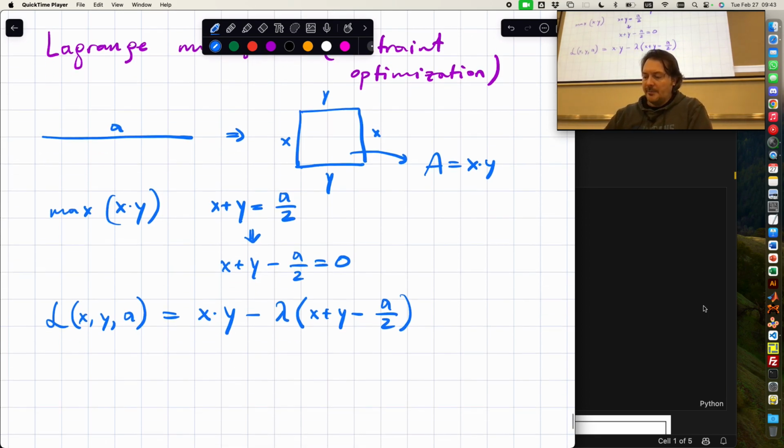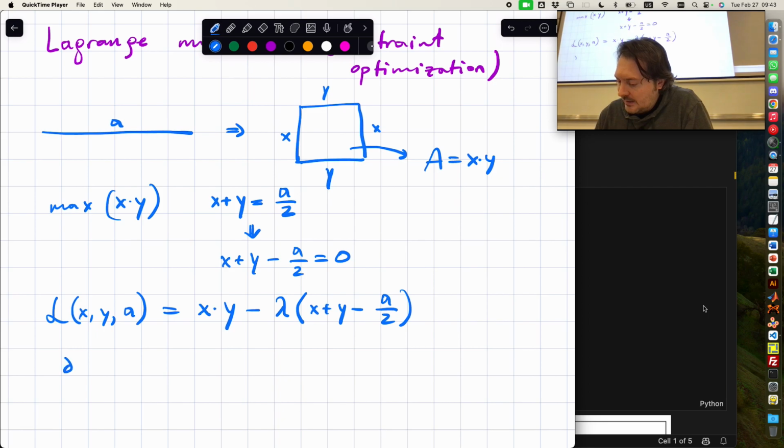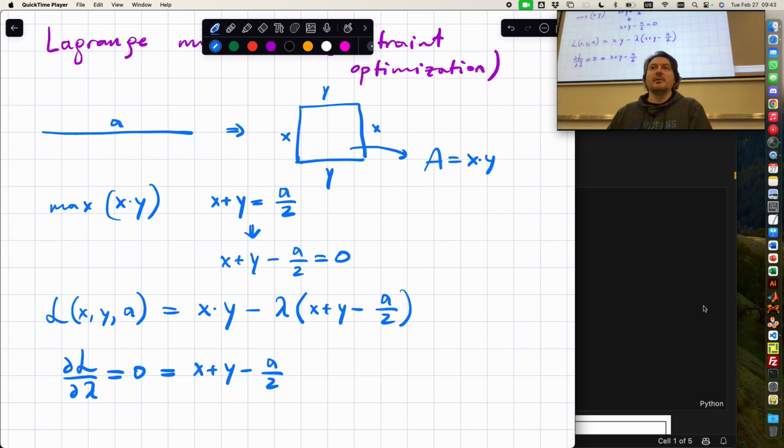And look what happens. If I do del L over del lambda equals to 0, it just gives me back x plus y minus A over 2 equals to 0. So you are creating a function which, when you take the derivative in the direction of the multiplier, you get the constraint, okay?